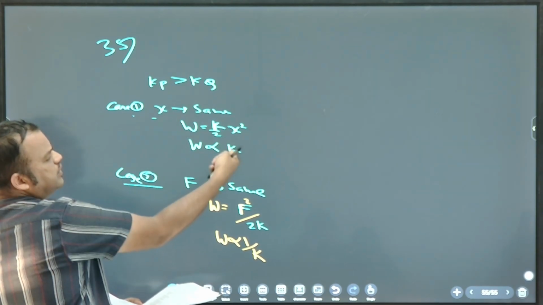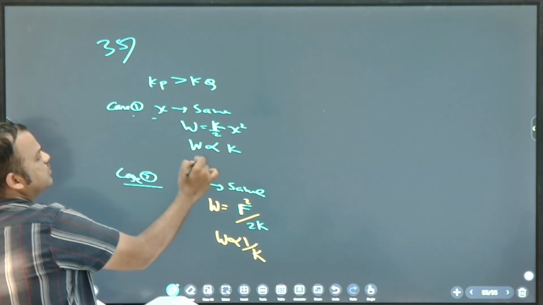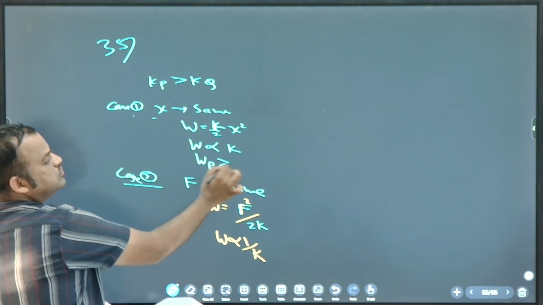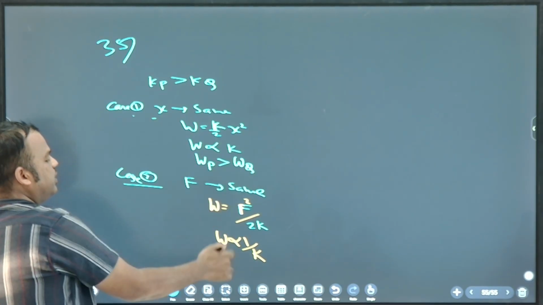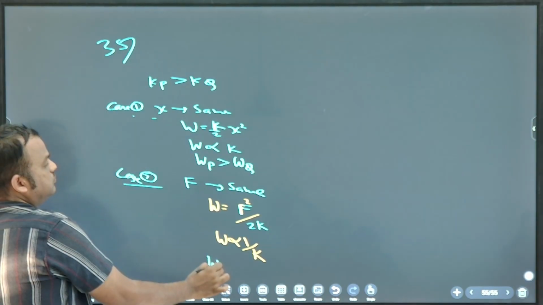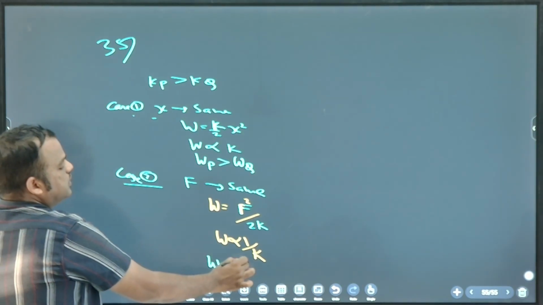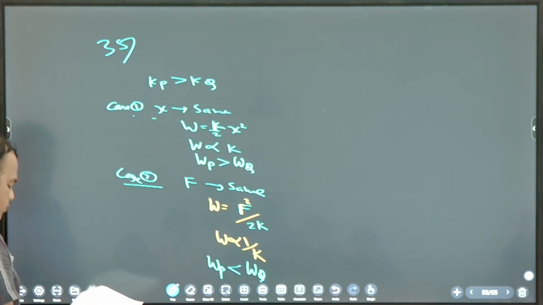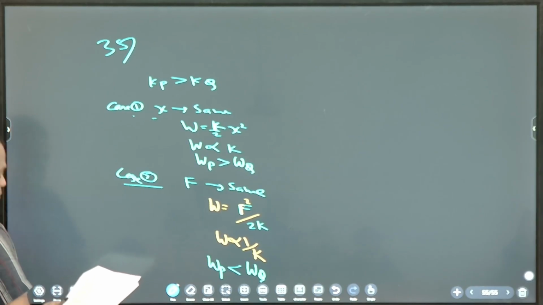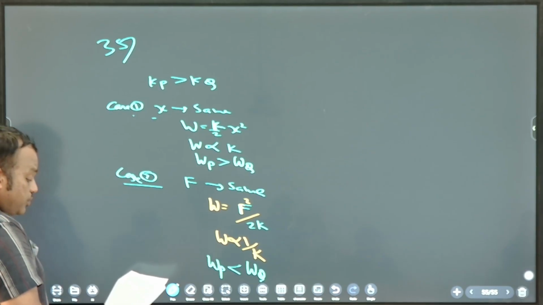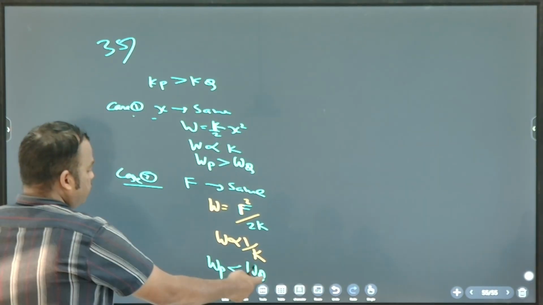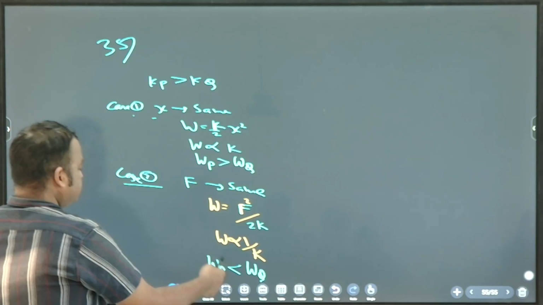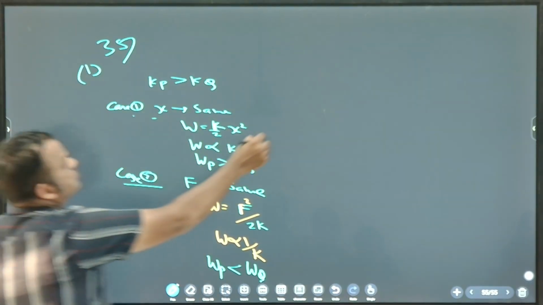Kp is greater, so Wp is greater than Wq. But in the second case, Wp is less than Wq. Okay, note down, Wp less than Wq. So the first option, Wq greater than Wp. First option.